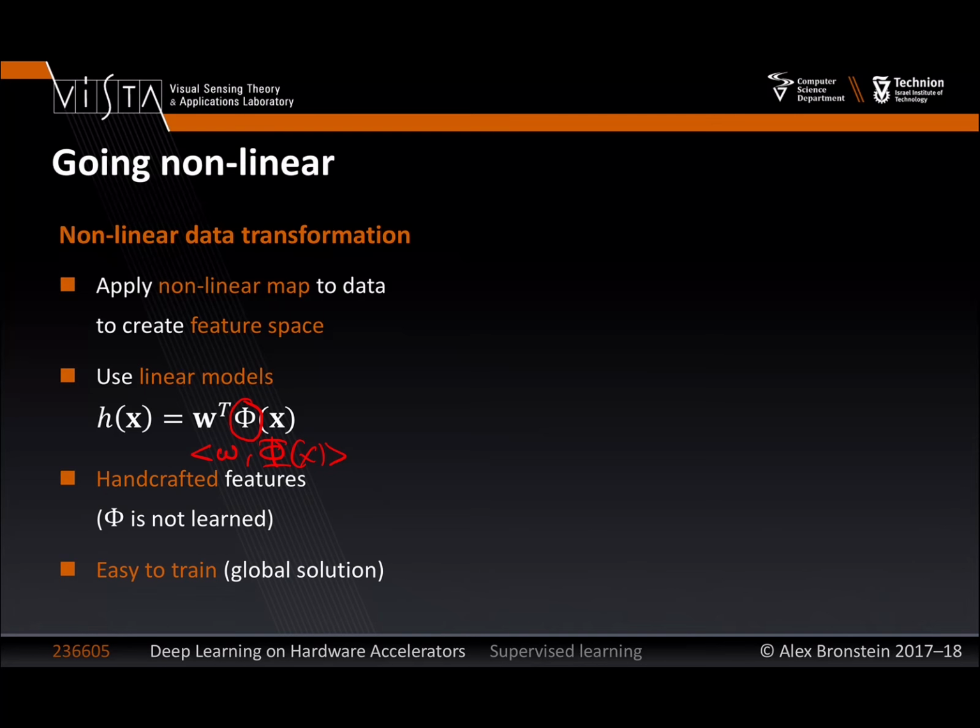It uses a linear model in the new space, which has more power than the original instance space. But still, the map phi is fixed. You don't learn it. So you need somehow to know which kernel or which map phi gives you good features. You need to handcraft your features. Of course, there are different ways of learning these kernels, but these are all ugly and difficult optimization problems.